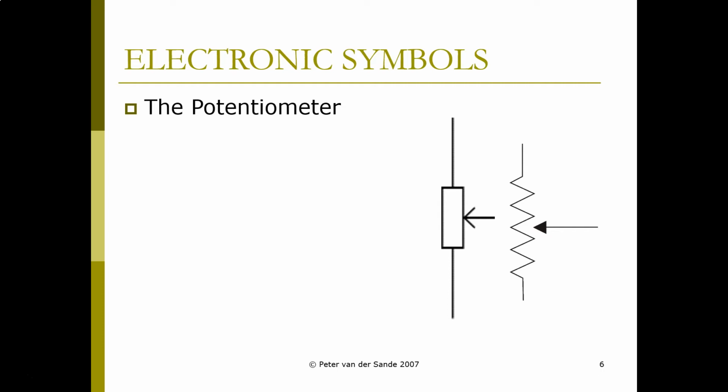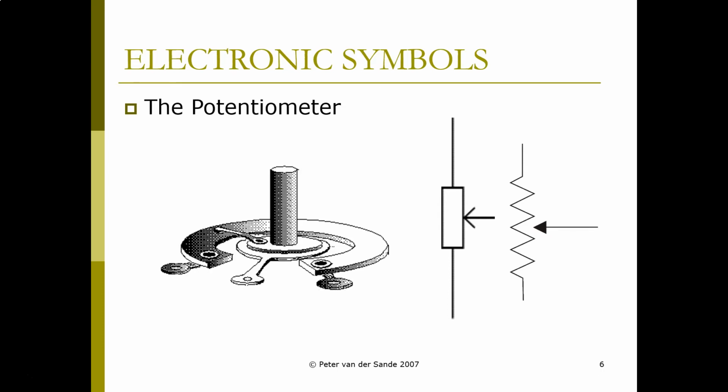Now, potentiometers come in two different styles. The first one is the round style, which has a shaft in the middle, which usually has a knob, and as you turn it from the left to the right, you can see there's a little circular pad on the left side and a circular pad on the right side.